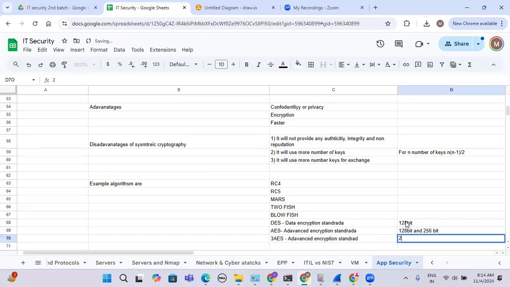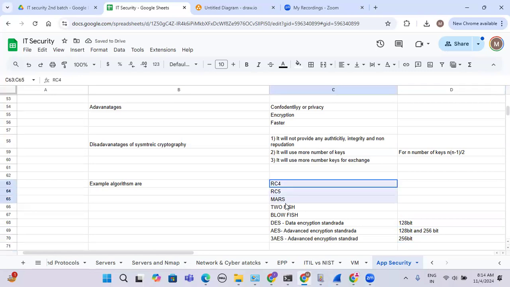The remaining ones are less than 128, like 32, 16, 64, or 48. Those are all legacy. An attacker can guess the key or password in an easy way. That is the reason these are outdated or legacy. So we should not use those legacy or outdated cryptography algorithms. We have to use strong ciphers or strong cryptography algorithms.